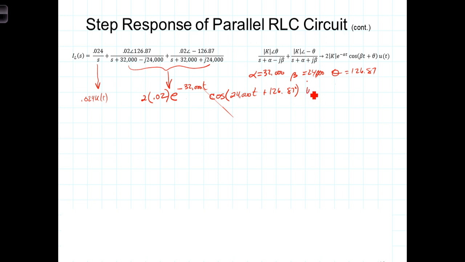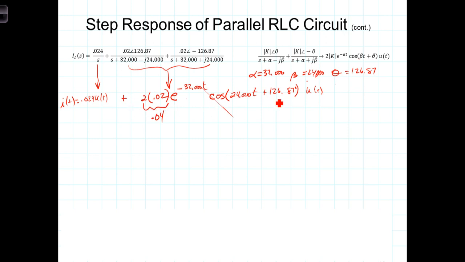And this whole thing is also multiplied by u of t to show that it kicks on as a step response as the switch closes at t equals 0. 2 times 0.02 is 0.04.